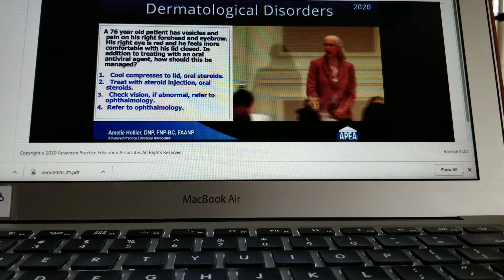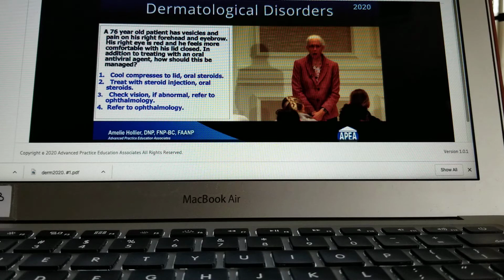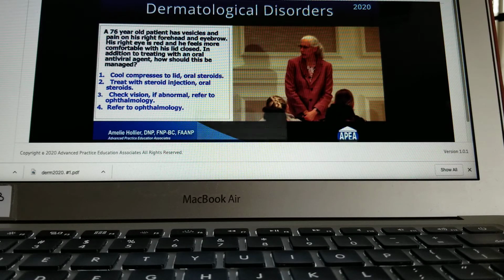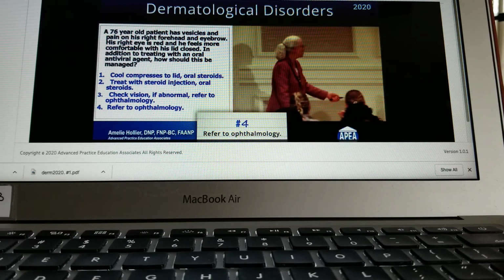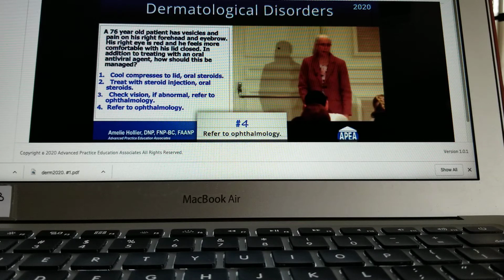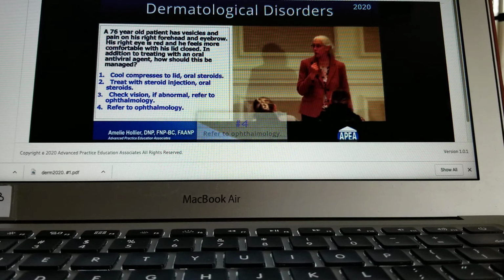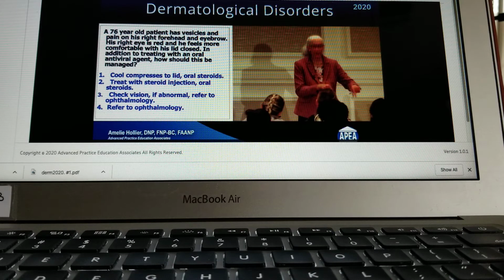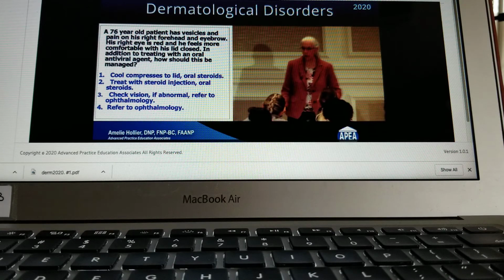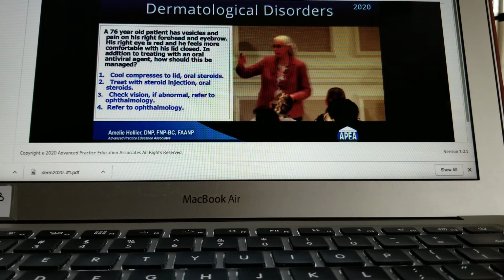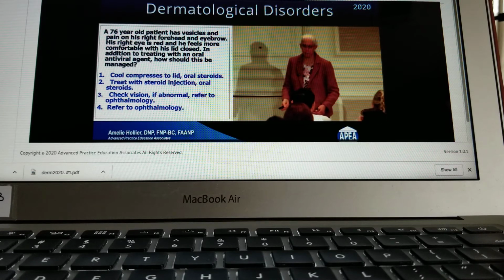It's affecting his eye? Oh, where's this patient going? Ophthalmology, exactly. Circle number 4 and don't hesitate to send them there. And when you call to make the referral, they usually say, we'll take them now. All right, that's how important that is. Because as you know, that can lead to loss of vision in the affected eye.